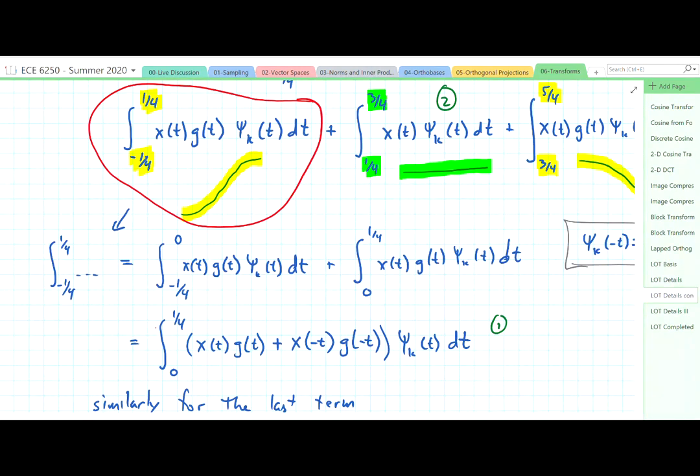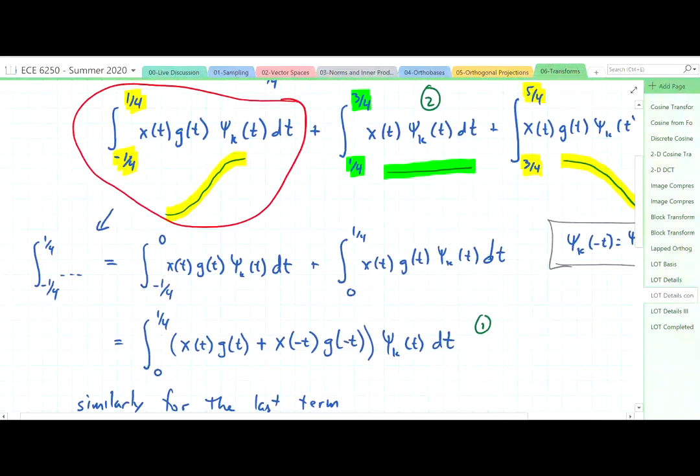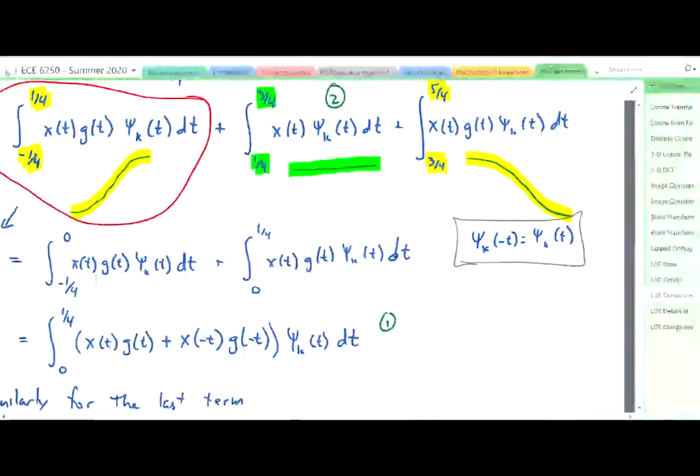You can perhaps look at the slides later at a slower rate if you want to dive into it, but nothing miraculous here. We're just dividing this area up. The reason we're doing this is because we happen to know some of the properties of psi k of t. One of the things we know is that it is an even function.